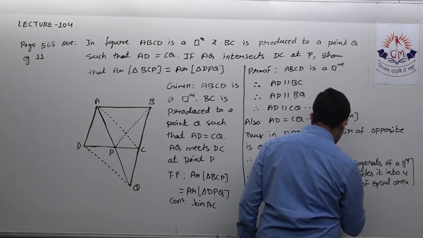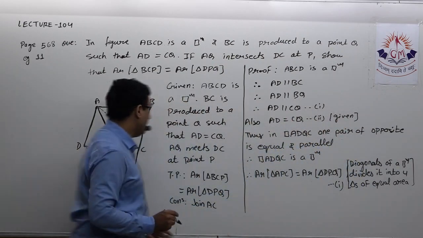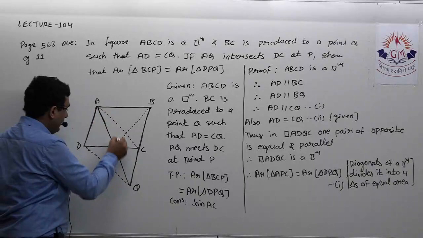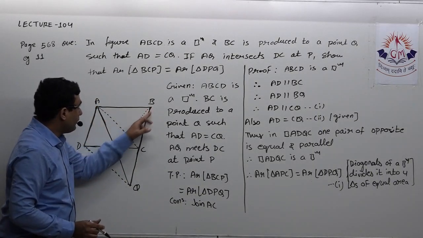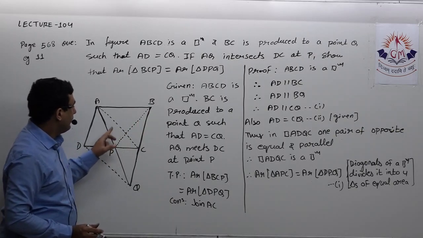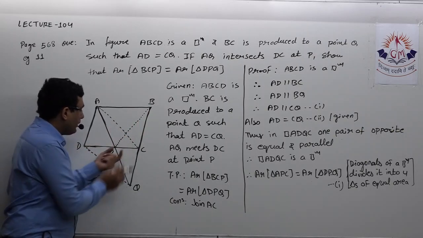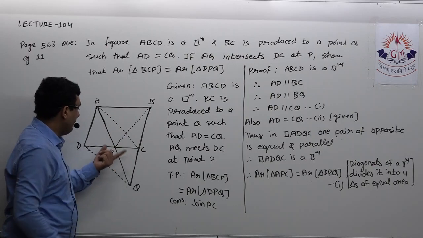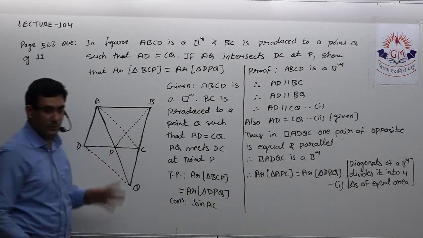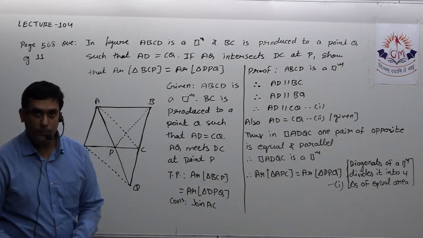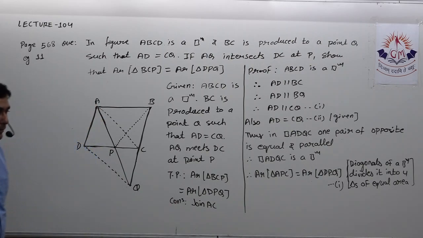Let it be equation number 1. So triangle APC is equal to triangle DPQ. Now APC is also equal to BCP because they lie on the same base and between the same parallels. It is given AB is parallel to PC because AB is parallel to DC. So note it down up to this point, then we'll see the remaining solution.